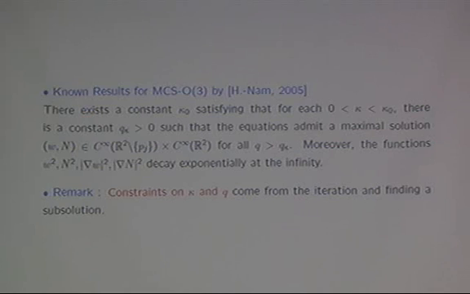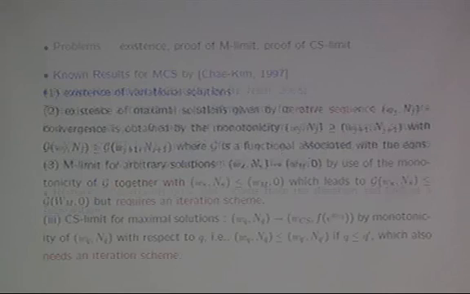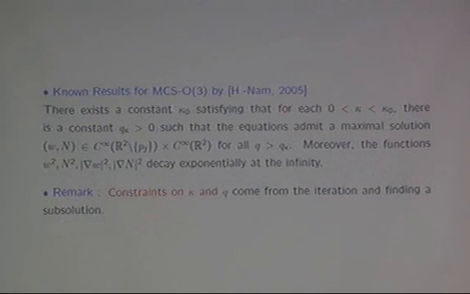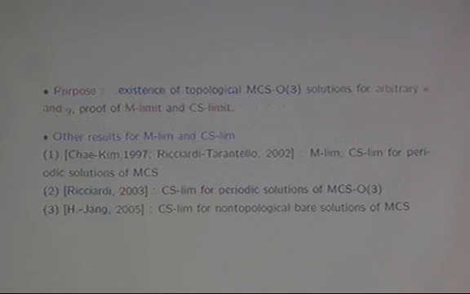So in general, we cannot apply the method given by Chen and Kim to the Maxwell-Chern-Simons sigma model. So we need a different argument. Our purpose is to show the existence of topological solutions for arbitrary kappa and q, and prove the Maxwell limit and Chern-Simons limit.